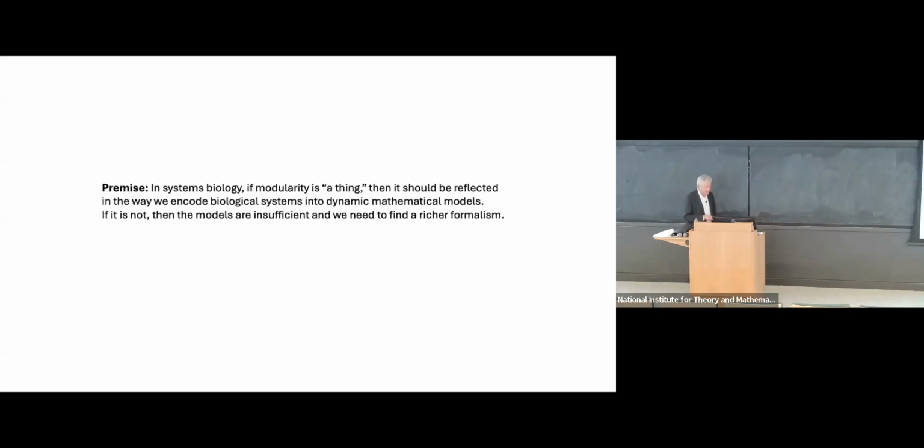So we focused on that. And the idea was, can we find decompositions in the structure of the model that one could call modular? And if so, does it translate into information about the dynamics?